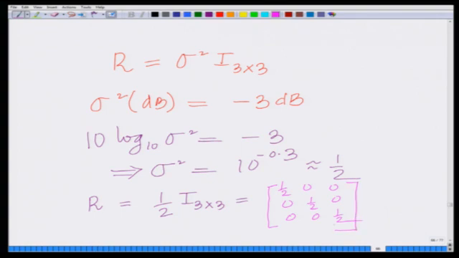So, this is my noise covariance matrix, which is sigma square times identity. In this case, sigma square equals half, and I is the 3 cross 3 identity matrix.